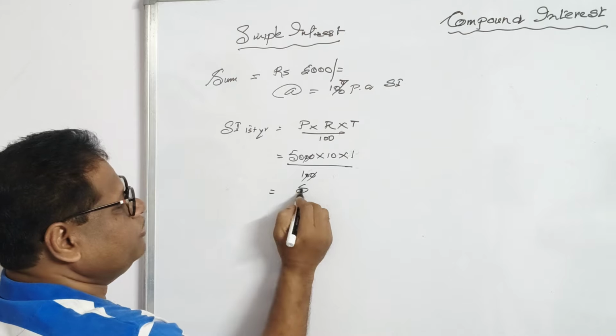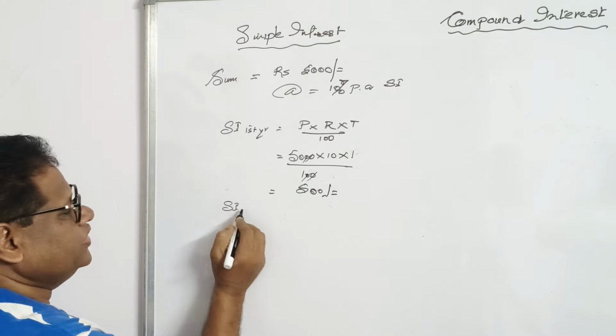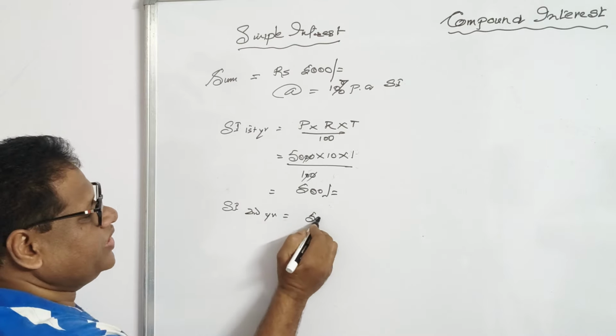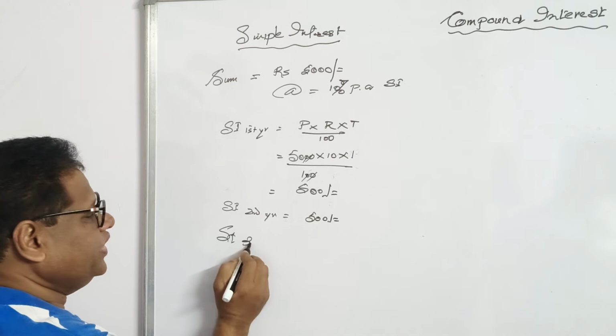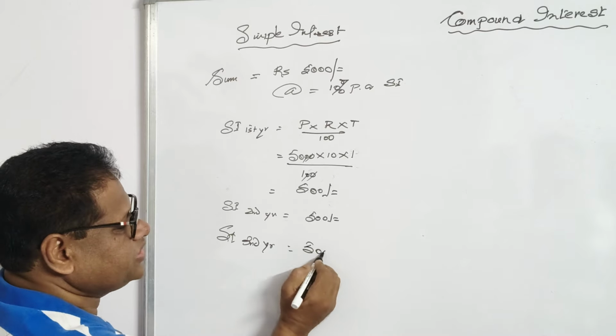So we get rupees 500. Similarly, the SI for the second year remains the same, 500. The SI for the third year, here also the simple interest remains the same.